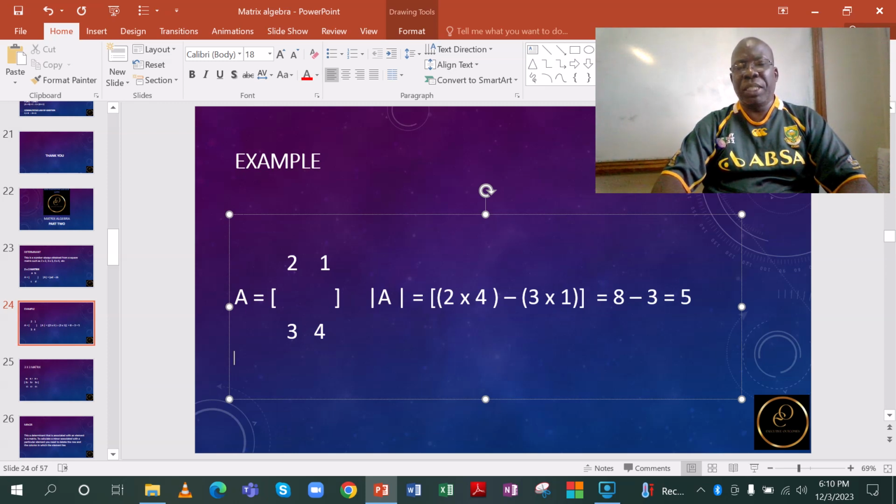So what you're going to get is 8 minus 3, which is equal to 5. Therefore, the determinant of this 2 by 2 matrix is equal to 5. So we move on to look at the next one.